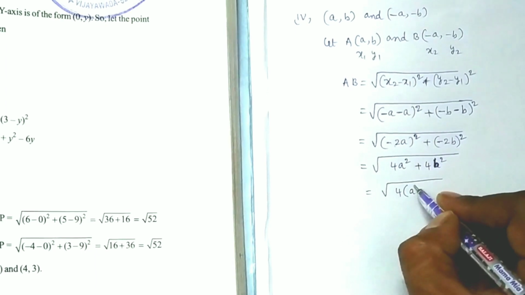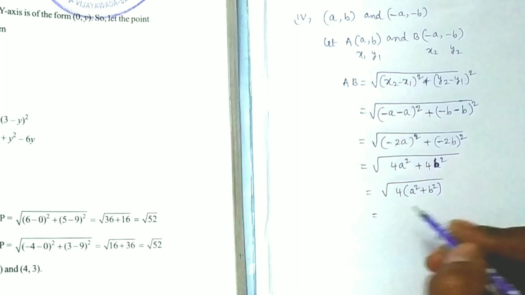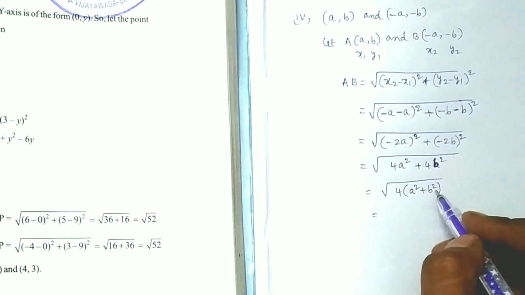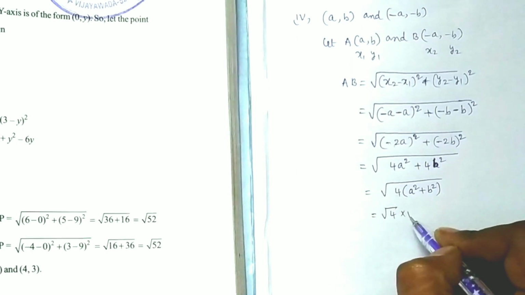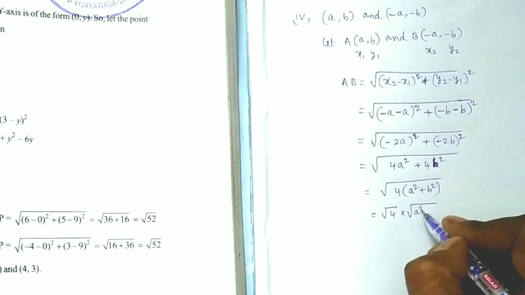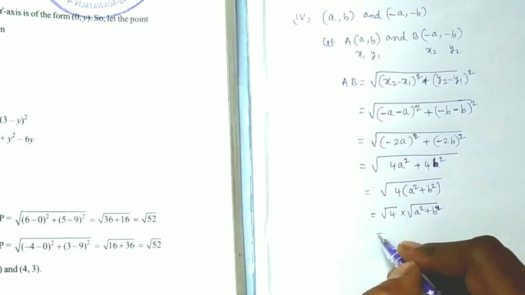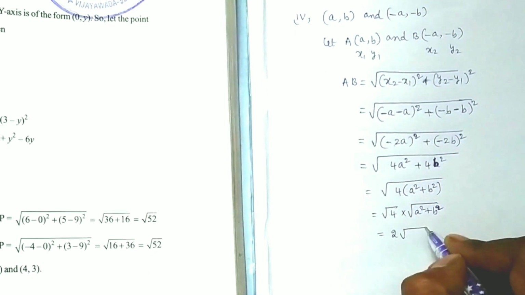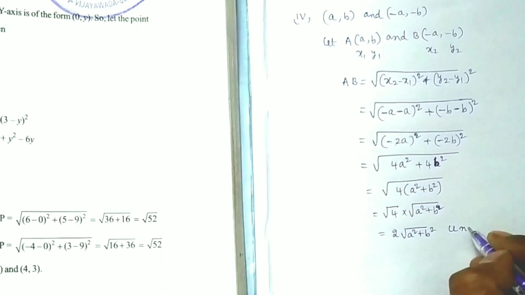Remaining terms as a square plus b square. So we can write as 4 into a square plus b square. So separate it, root 4 into square root of a square plus b square. Square root of 4 means 2. So the answer is 2 into root of a square plus b square units.